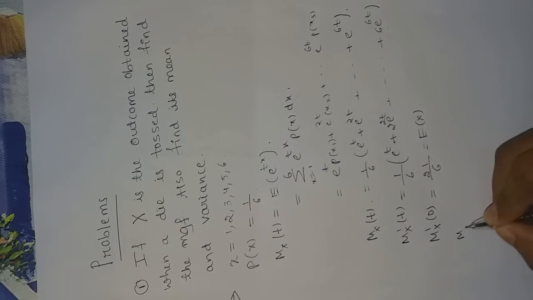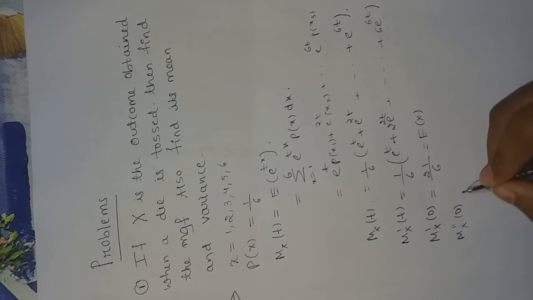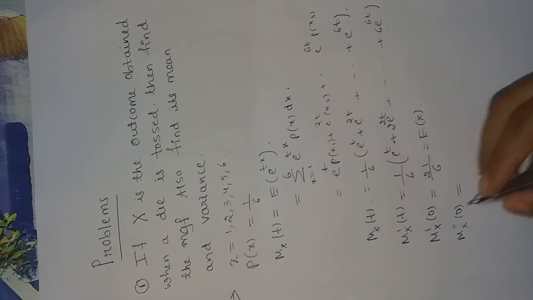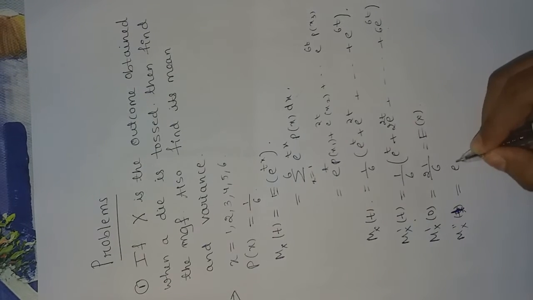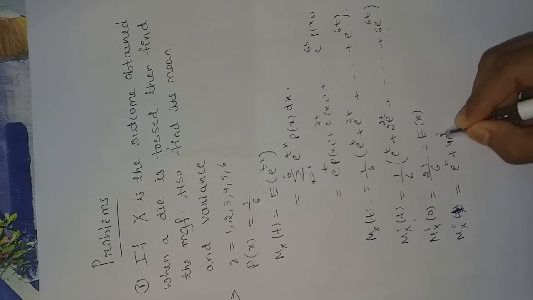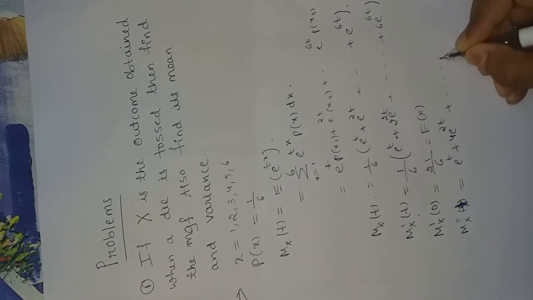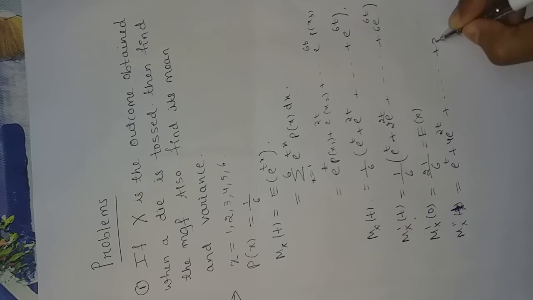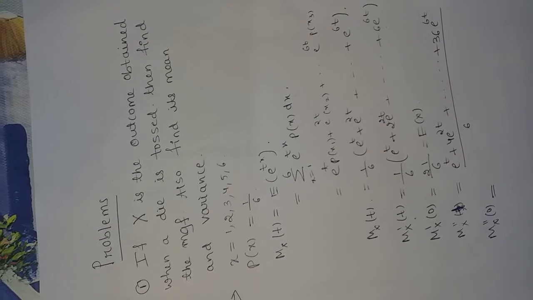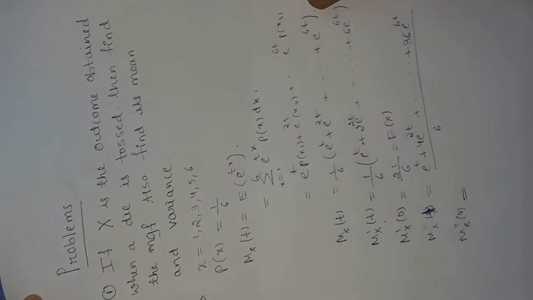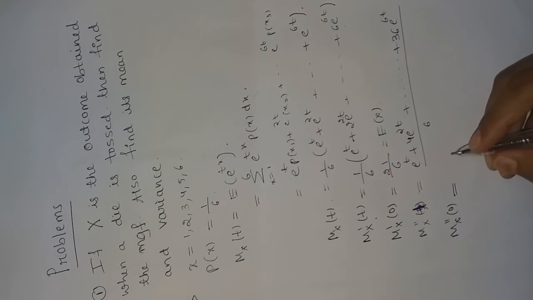Similarly, we have to find the variance. To find the variance, first we need to find Mx double dash of t. That is the differentiation of Mx dash of t with respect to t. e power t plus 4 into e power 2t, so on up to 36 e power 6t, whole divided by 6. Then put t equal to 0, we get 1 plus 4, so on up to 36, divided by 6.